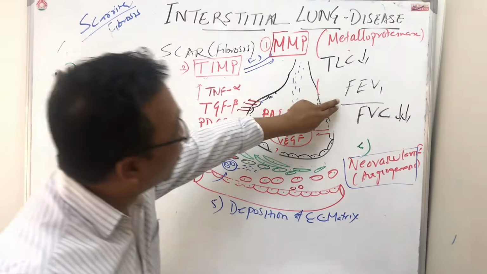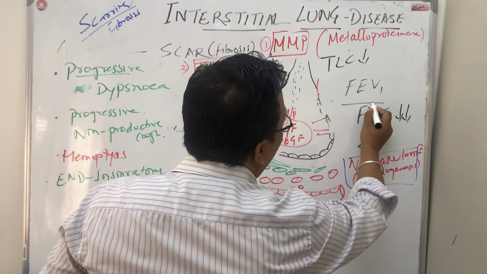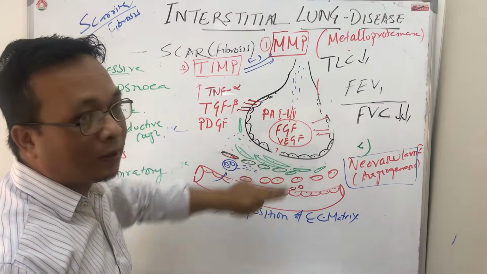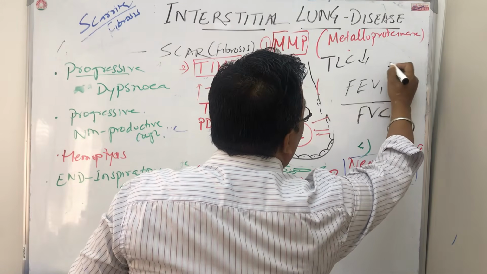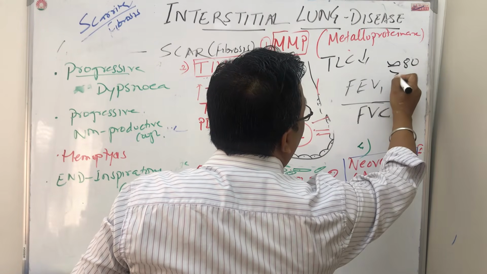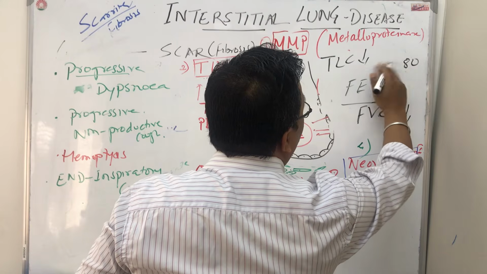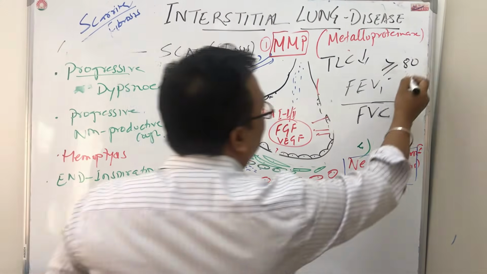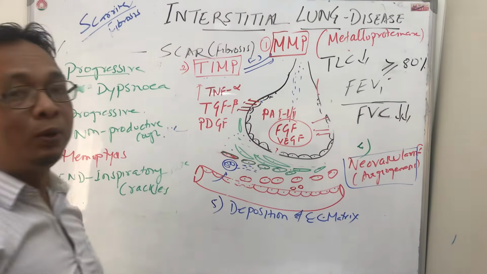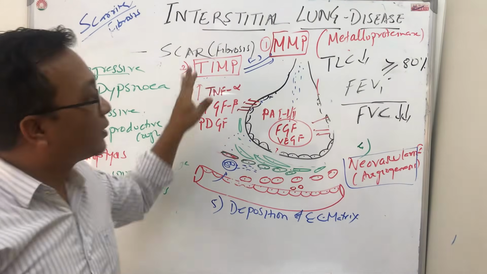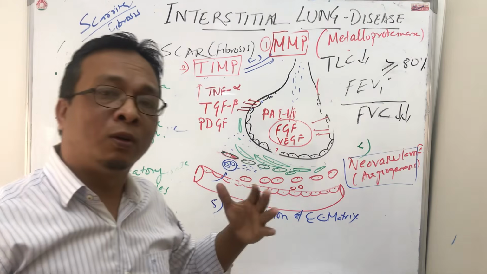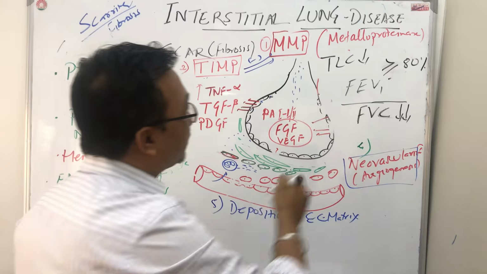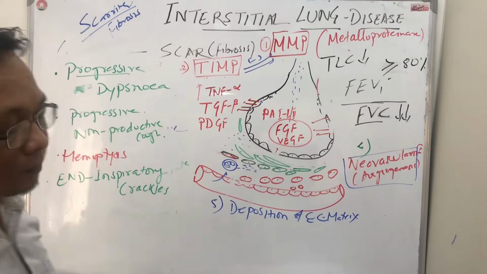So as a result, because the denominator has significantly reduced, this whole FEV1/FVC ratio either remains the same or is more than or equal to 80%. The normal FEV1/FVC ratio we know is 80%. So in interstitial lung disease, it is usually the same or does not change, or it is more than 80% because of significant reduction of FVC.